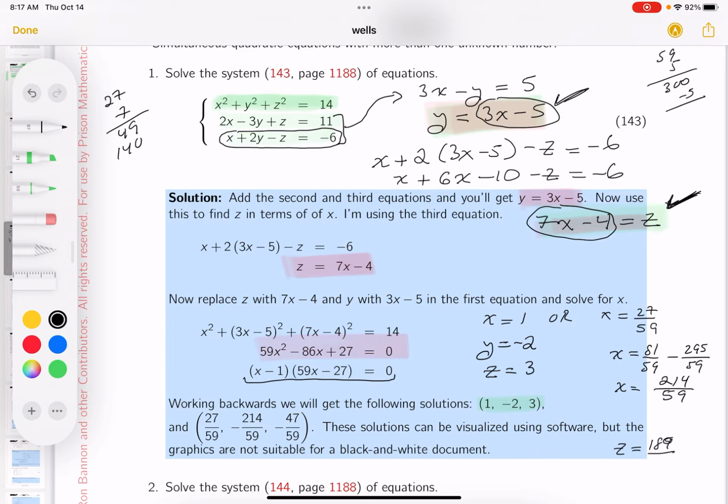What was I saying before? I forgot, I lost track here. Over 59, sorry about that. And then minus 4 times 59. Well, 4 times 59, it's not bad. I would do 4 times 60, which is 240, minus 4, 236. And what would you get for z? Well, let's see again. I'm sorry, this is 59.